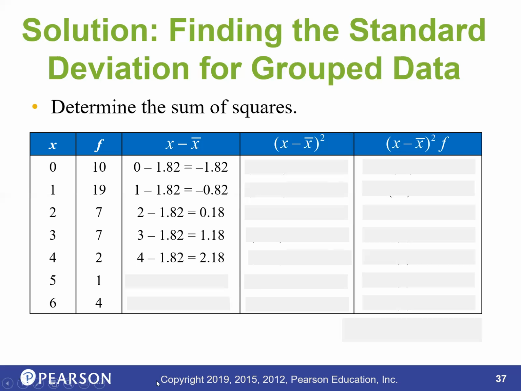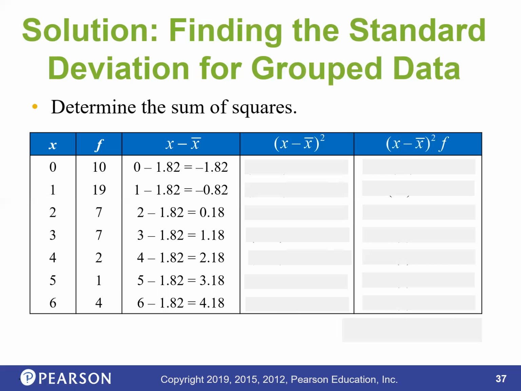Without a calculator, what's the next one? Absolutely, because you're going up by ones each time. You're at 2.18.